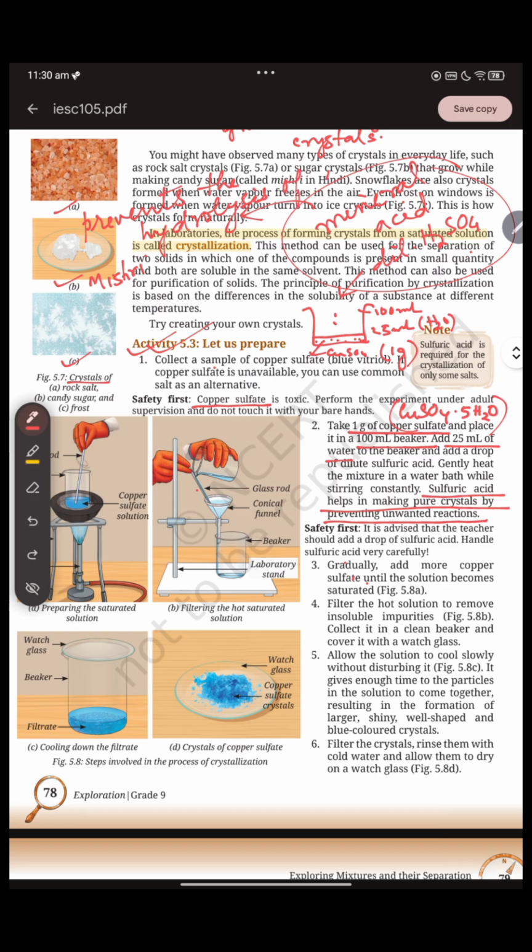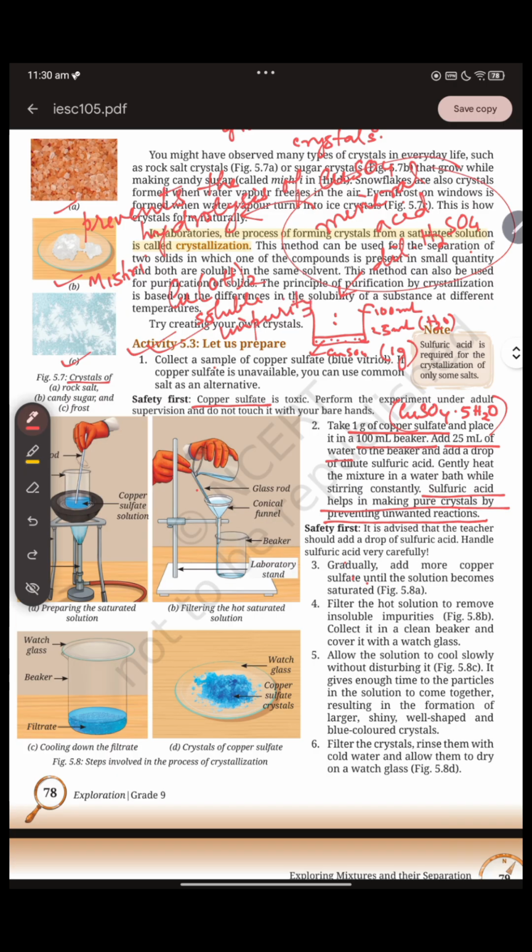Hydrolysis means CuSO4 reacts with water, it undergoes hydrolysis and it can give copper hydroxide, Cu(OH)2, as a soluble impurity. So it can give you this impurity.